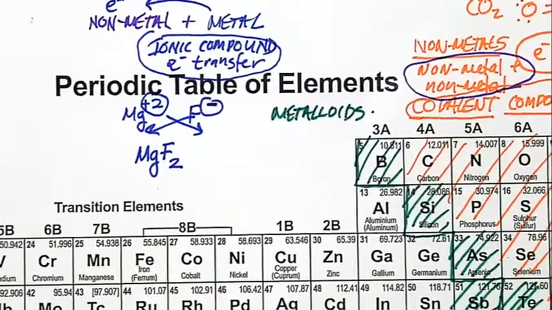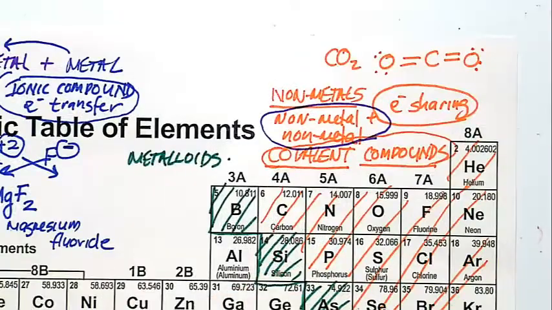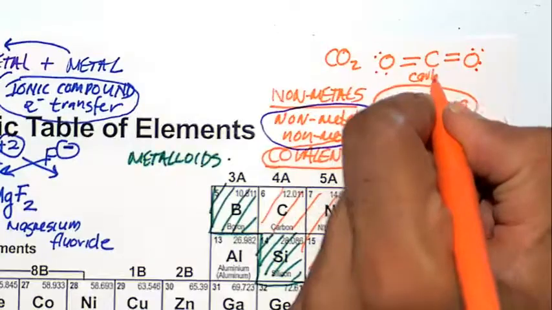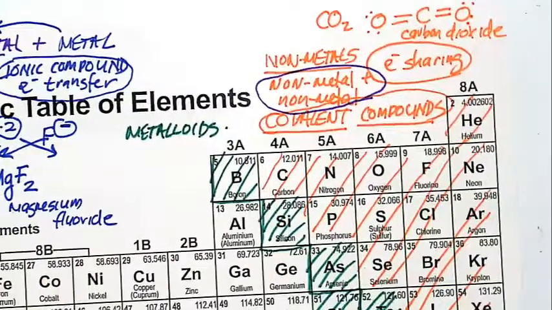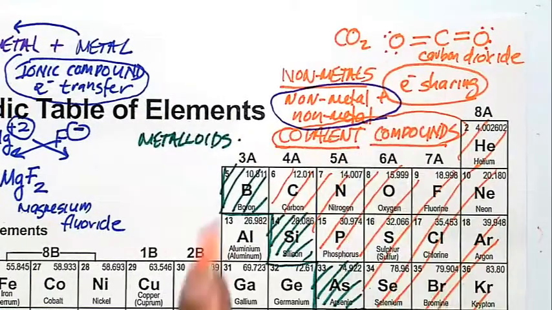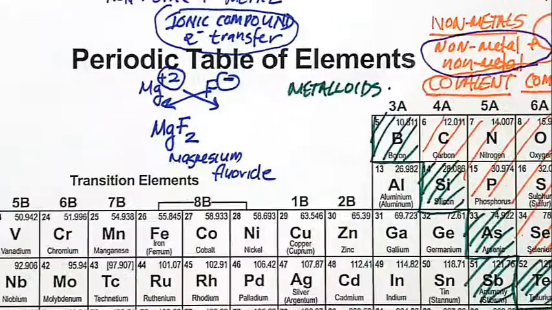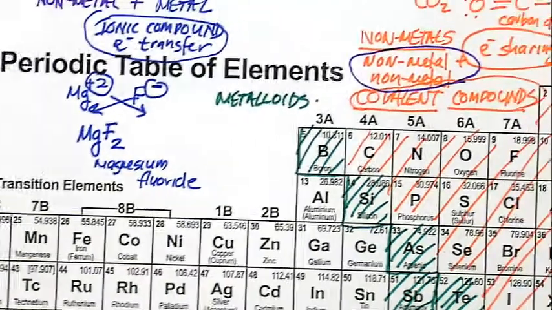So this is an ionic compound. And this is called carbon dioxide, and that is a covalent compound. The way you name these, nomenclature, that's lab 2. In our lab, the nomenclature of a covalent compound is going to be different than the nomenclature for an ionic compound. So just be aware, nonmetals can react with one another.